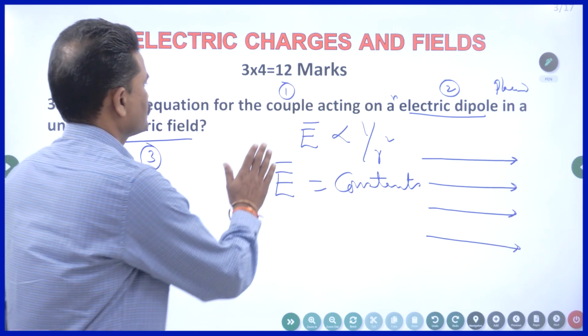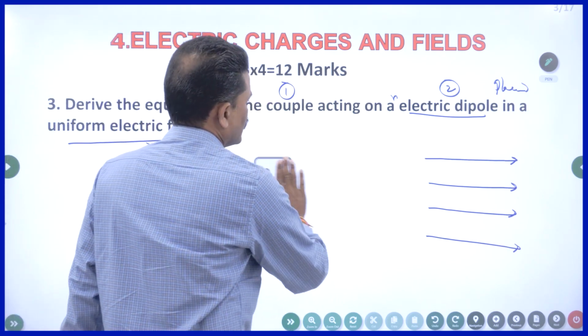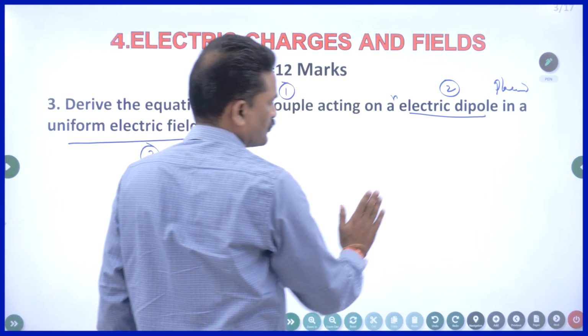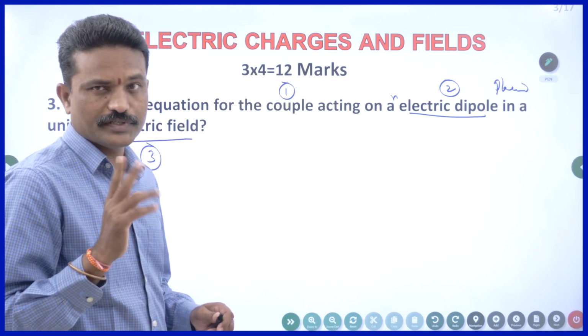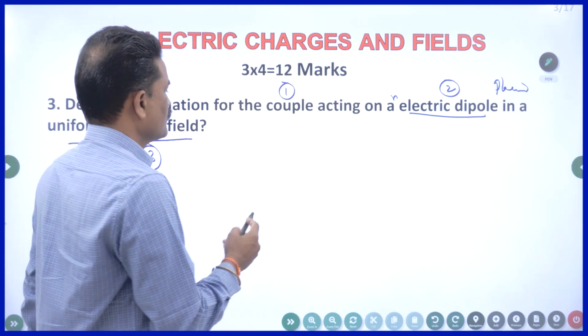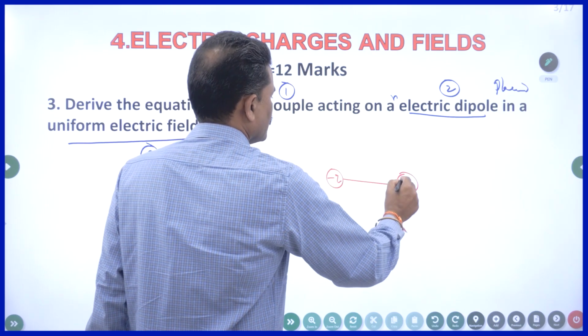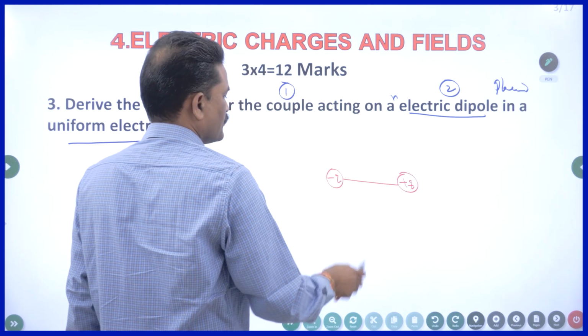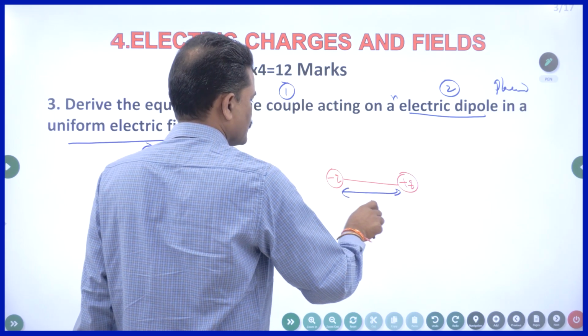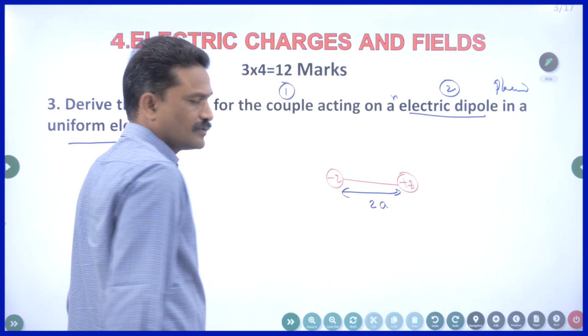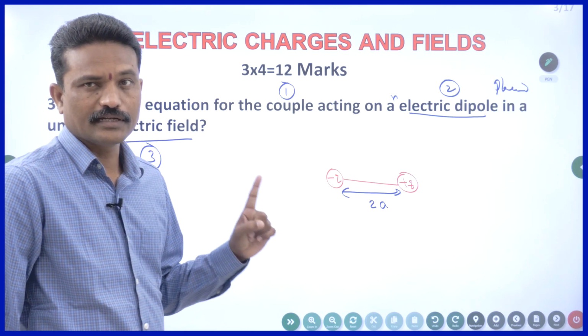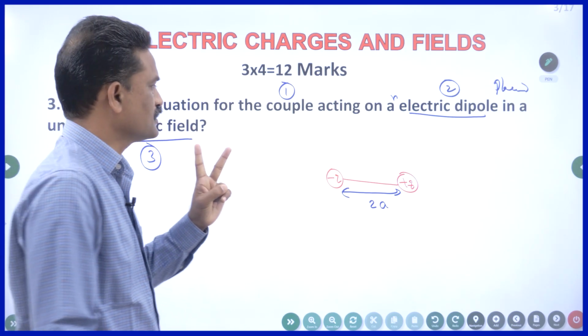Next, let us go to the second point. What do you mean by an electric dipole? Di means two, poles means charges. Two equal and opposite charges separated by a small distance, then that is called an electric dipole. Di means two charges.